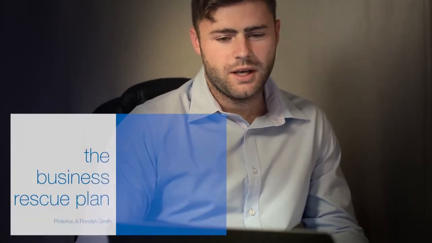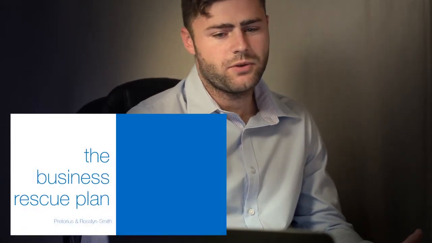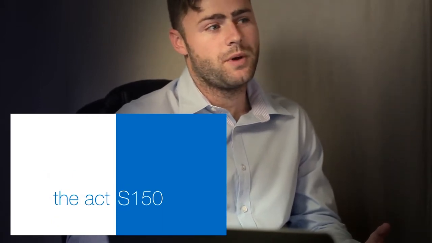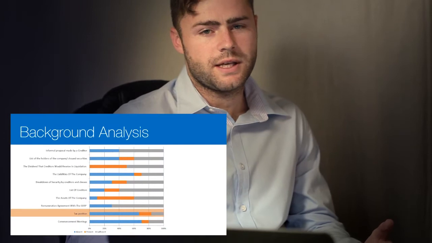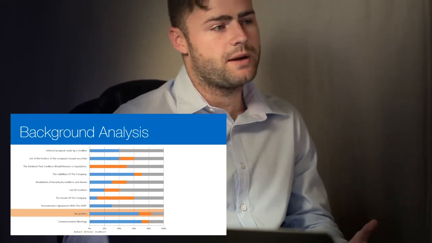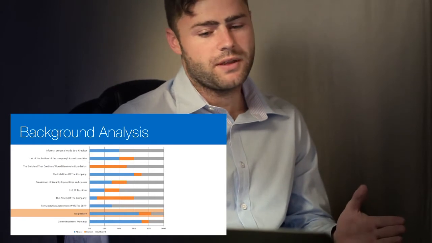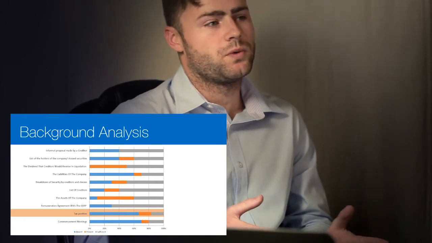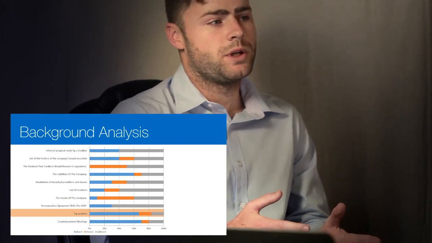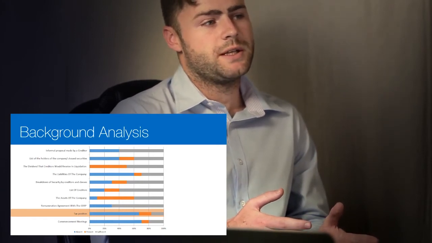Well, hi everyone. I think we have to go back a step and see where the research initiated from. Our background analysis indicated that we looked at the first set of plans that came out and discovered that there were quite a lot of shortfalls, with a lot of the plans not adhering to the minimum conditions stipulated in the Act.